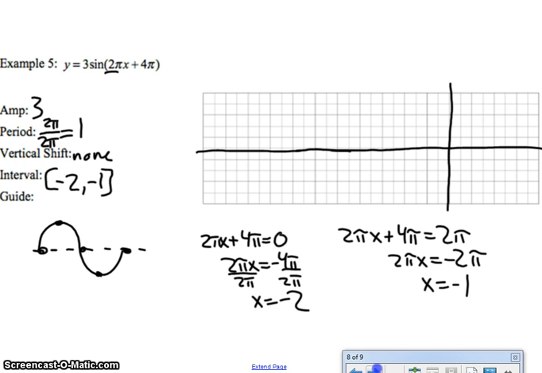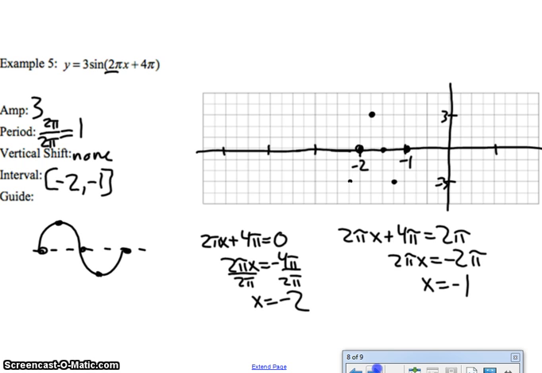All right, so I'm going to make every 1 here on the x-axis. I'm starting at the x-axis, and my interval starts at negative 2 and ends at negative 1. Halfway in between, I'm back at the x-axis, and then up to my max, down to my min.